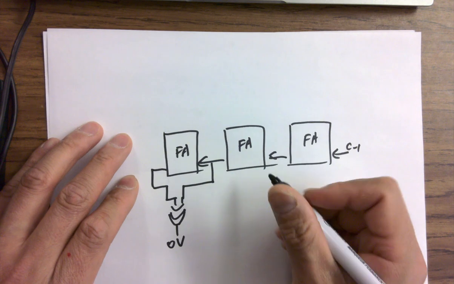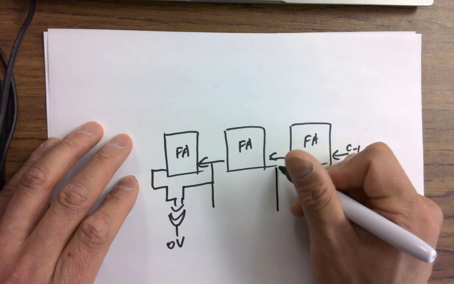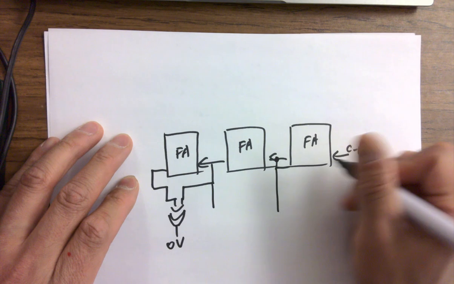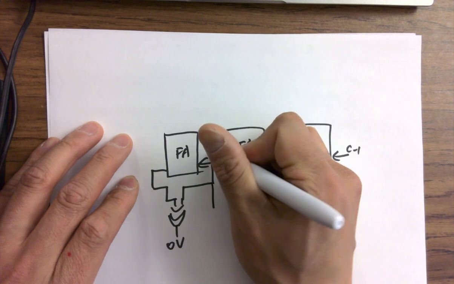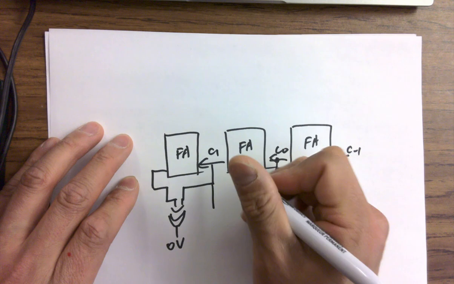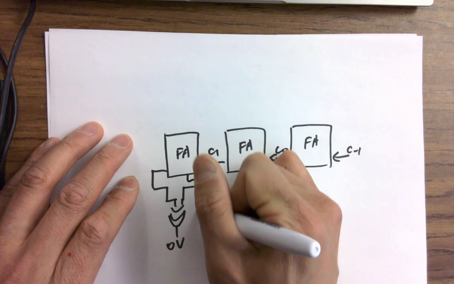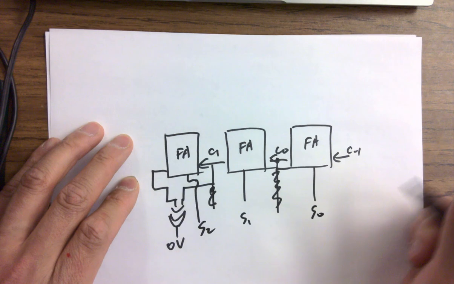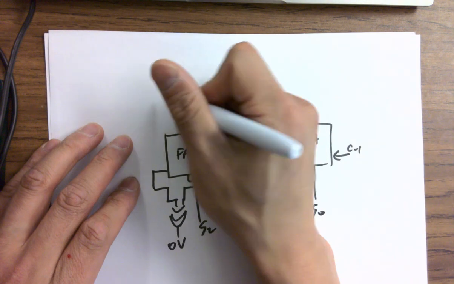Okay. S2, S1. Here. C0, C1, C2, and these are S. Now opening this guy. S2, S1, S0, and all the B's.